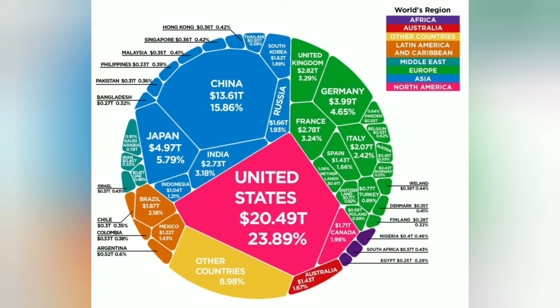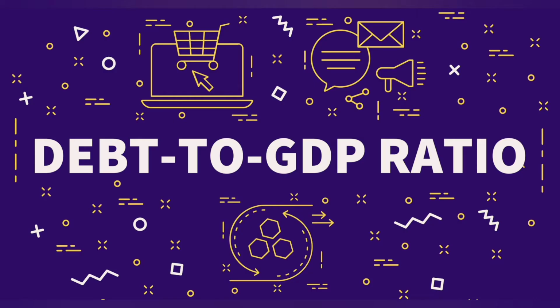Now, what is debt to GDP ratio? We hear this from government officials all the time, that debt to GDP ratio is this and that. What really does it mean, and why is it important when talking about the country and the economy? So debt to GDP ratio simply means comparing a country's public debt to its gross domestic product.